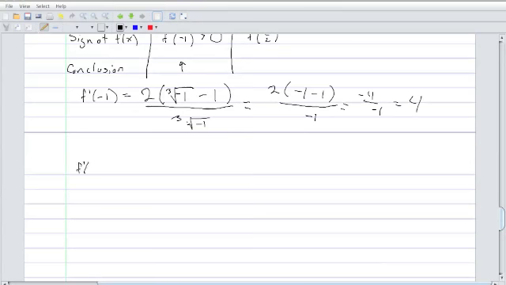So then f prime of a half is going to be 2 times the cube root of a half minus 1 over the cube root of a half.